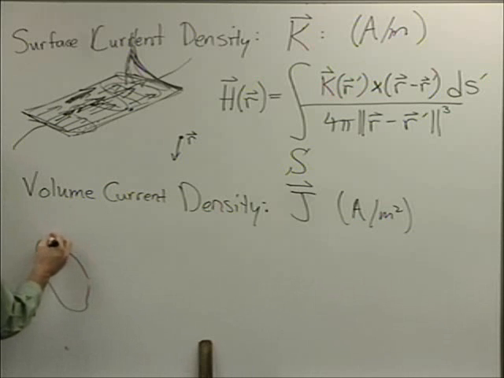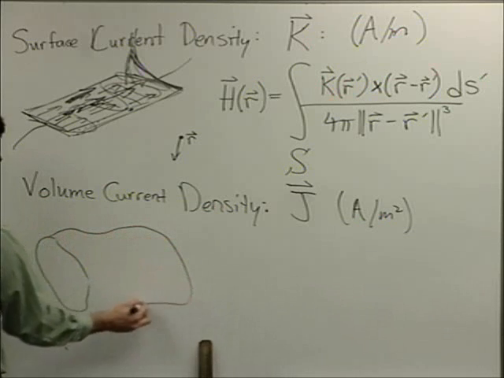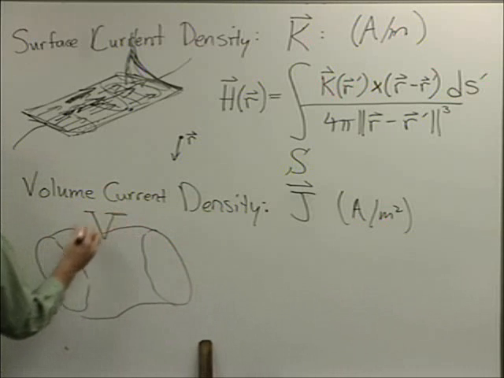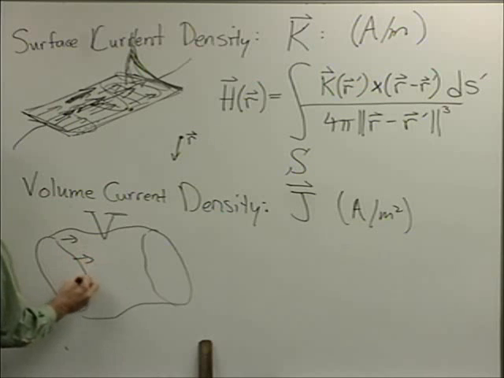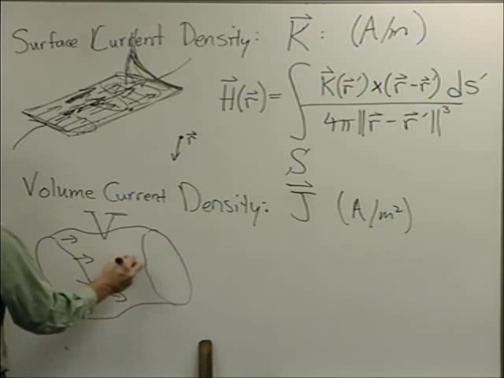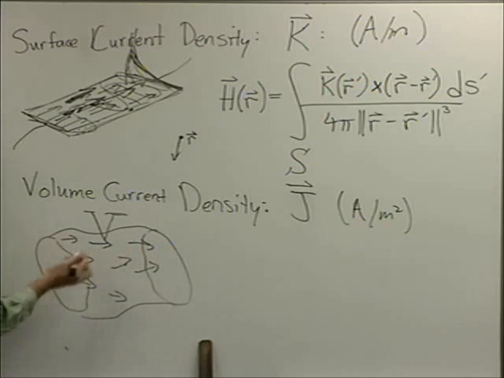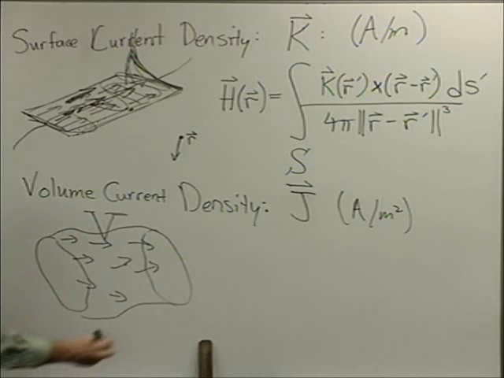Of course, we recognize that as being some sort of volume, V. And in there, we've got some current density flowing. It doesn't necessarily, again, have to be a constant. The direction and the amplitude could be changing within that volume.